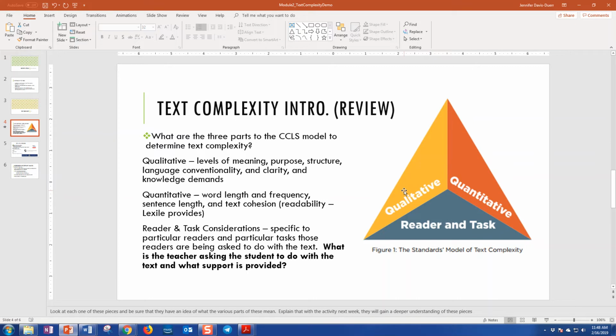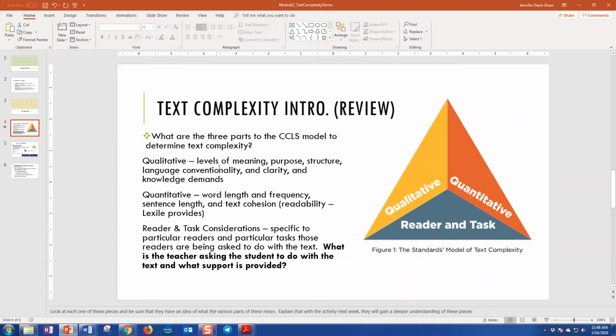The qualitative portion looks at levels of meaning, the purpose for a text, the structure of the text, the language conventionality, meaning, is it written in dialogue or dialect, and, let's say, Shakespearean English versus present day English writing, the clarity of the writing and of the message of the text, and the knowledge demands of that text.